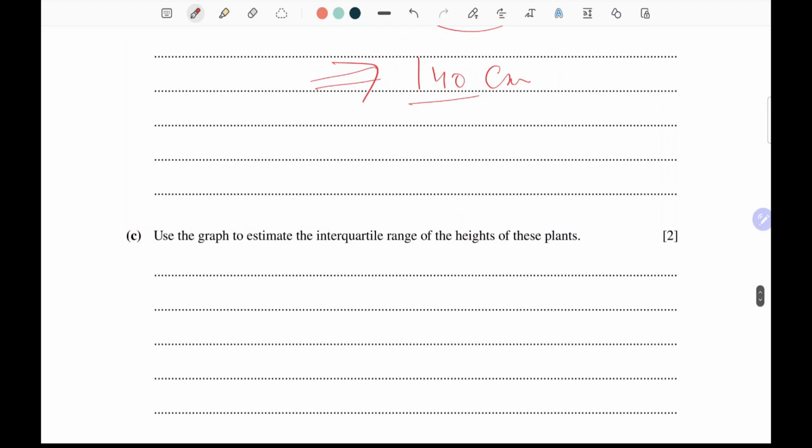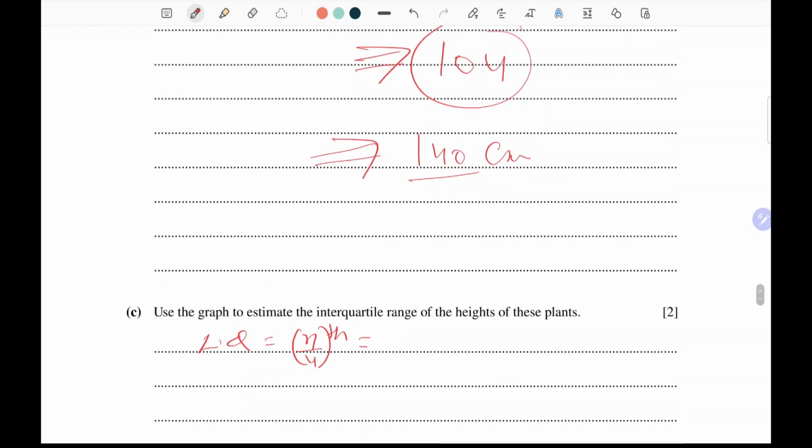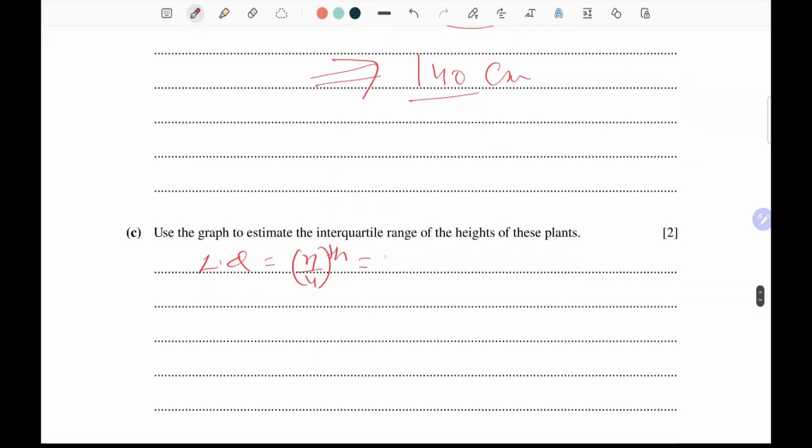use the graph to estimate the interquartile range of the height of these plants. Again, guys, it's again a very simple question. We need to find the lower quartile, n over 4th value. So it is 160, right? 160 over 4th value.